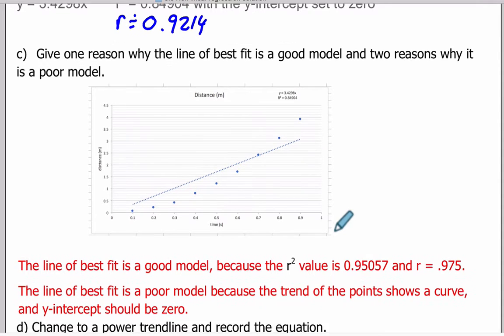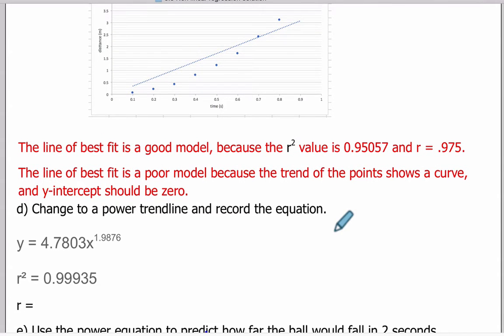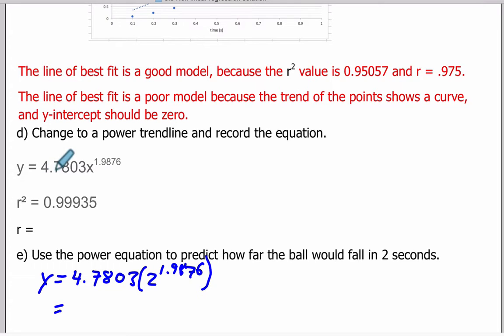Now, when we change the trend line to a power, the equation you should have got was y equals 4.7803x to the power of 1.9876, so pretty much close to a quadratic, because remember, x to the power 2 is an example of a quadratic.